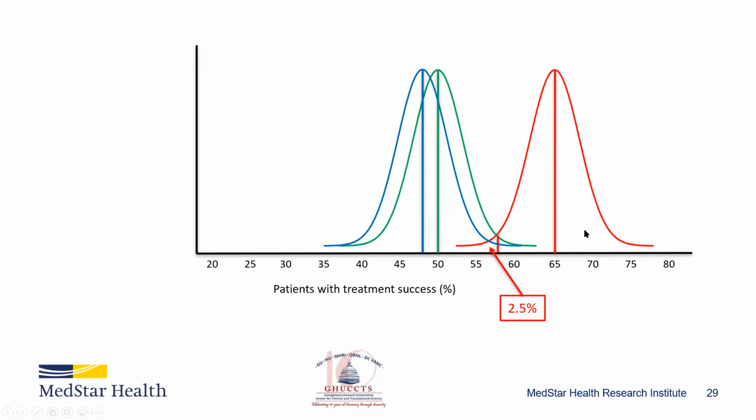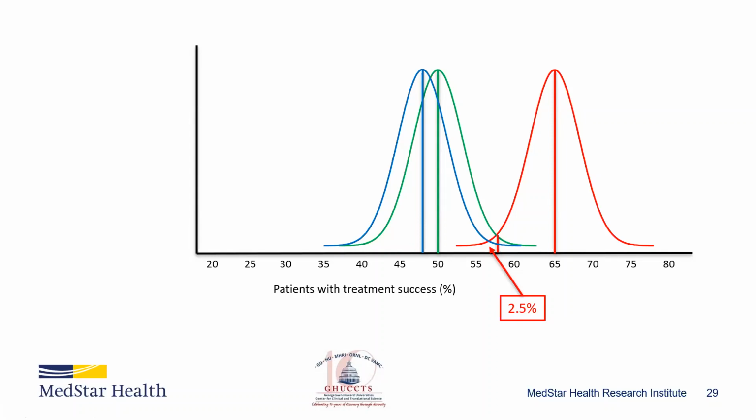This one, the red one, shows we have our 2.5%. What that means is there can't be more than a 2.5% overlap between the distribution that's better and the other two distributions that aren't as good. And so then the rest of this area here in the red one would be 97.5%, or 0.975 probability.